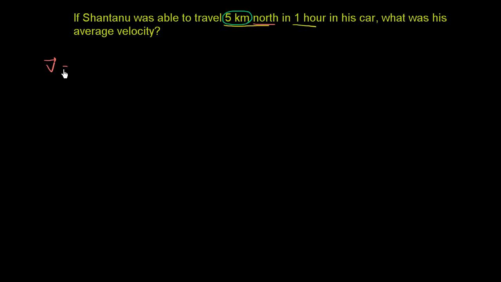So the velocity of something is its change in position, including the direction of its change in position. So you could say its displacement, and the letter for displacement is s, and that is a vector quantity. And you might be wondering, why don't they use d for displacement?